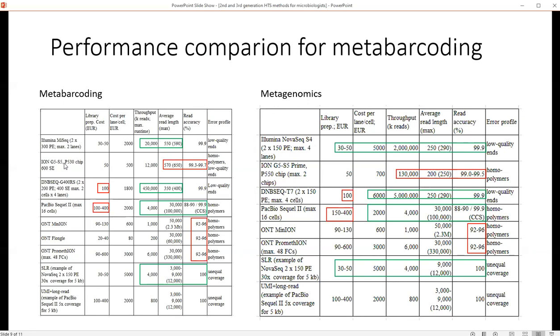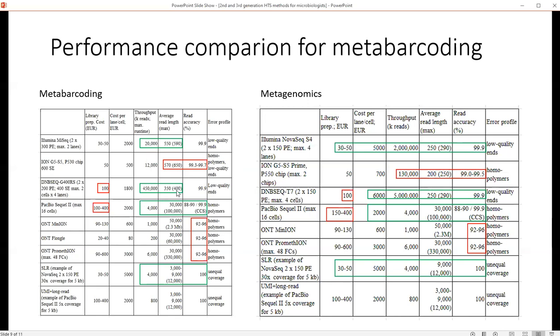The Ion Torrent machine also enables up to 600 base reads, but the accuracy is still below the standards. The Chinese machine has a maximum capacity to provide up to 400 bases.